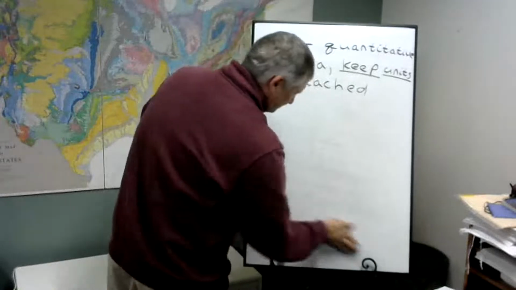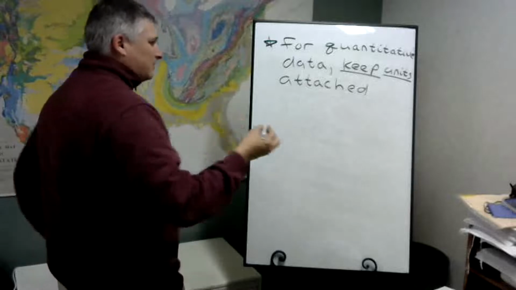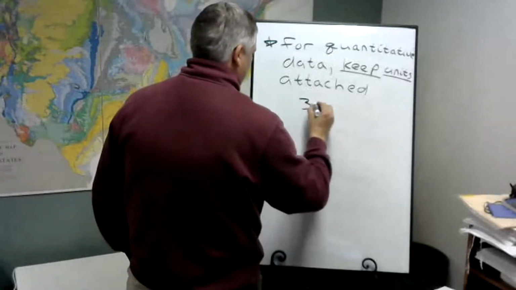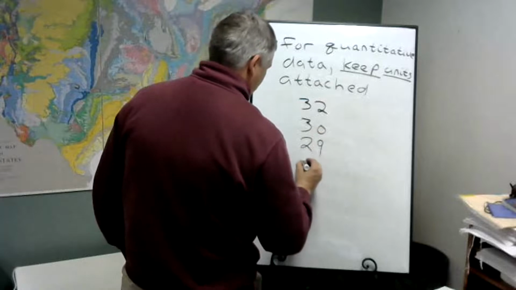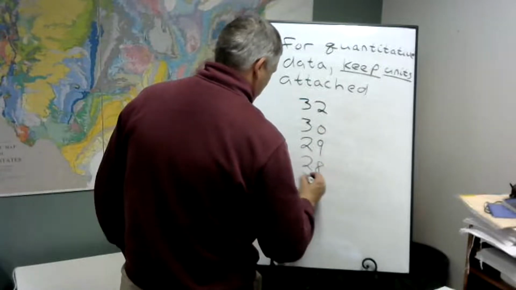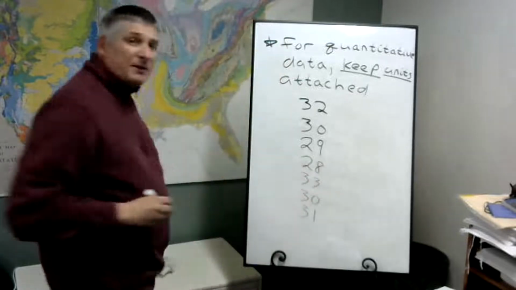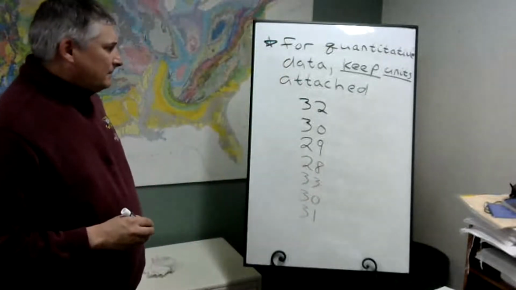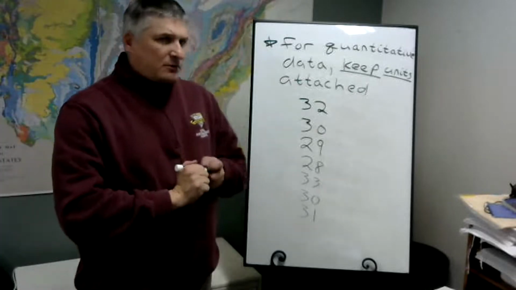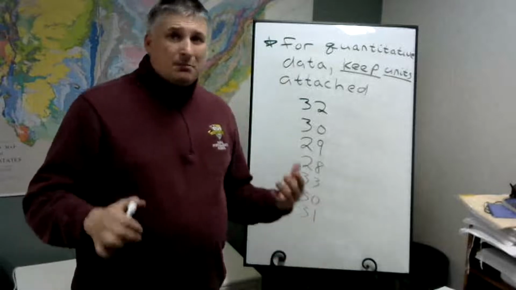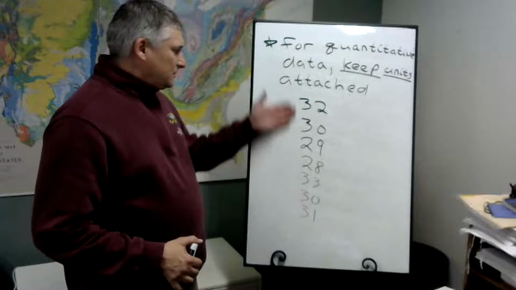For example, let's say you ask someone to measure temperatures. And so I put something like this here. Now, depending on what kind of study you're doing, certain temperature scales are used as opposed to others. In a science lab, you might use Kelvin.